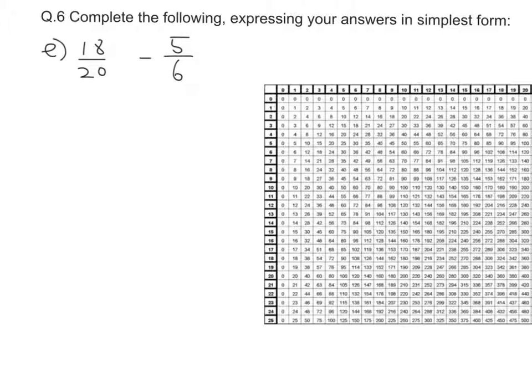Okay, next question. Here it is, 18 over 20 minus 5 over 6. I need to make the denominators the same, so I'll highlight the multiples of 20 and the multiples of 6. Okay, so now I'm looking to find the first number that they share.